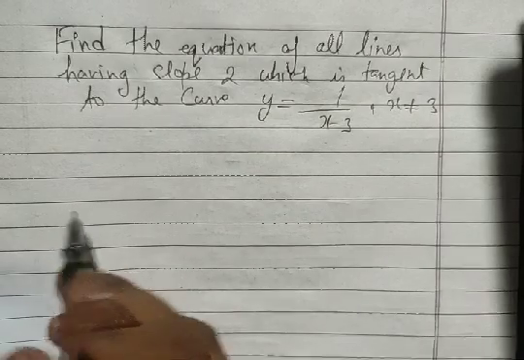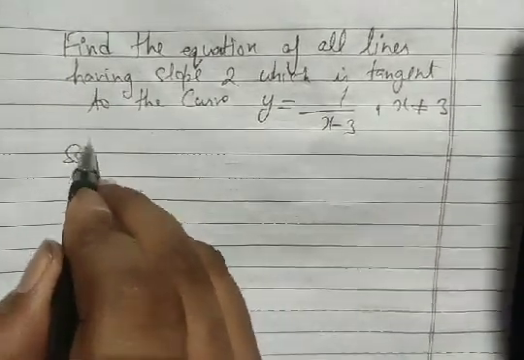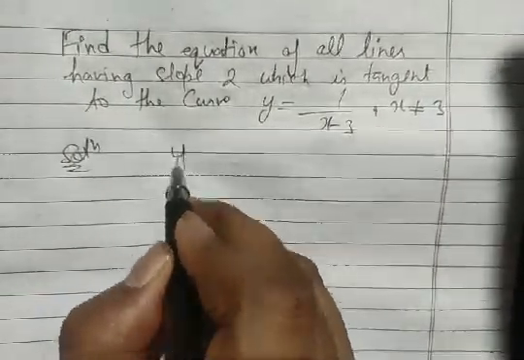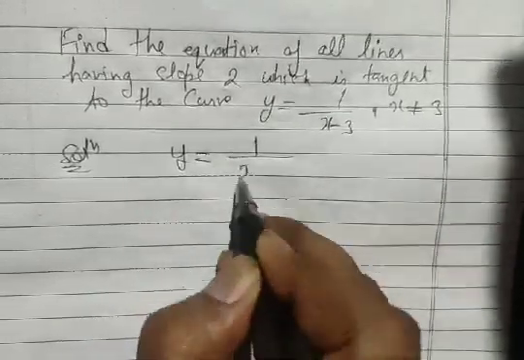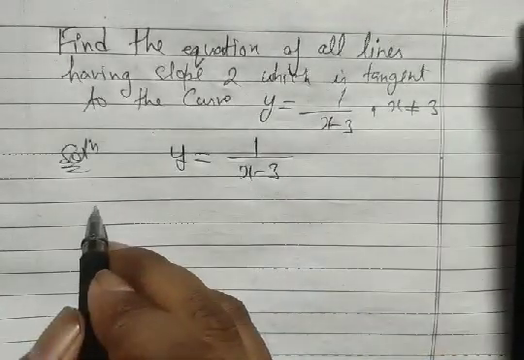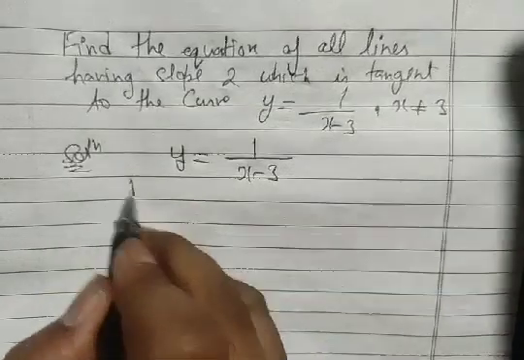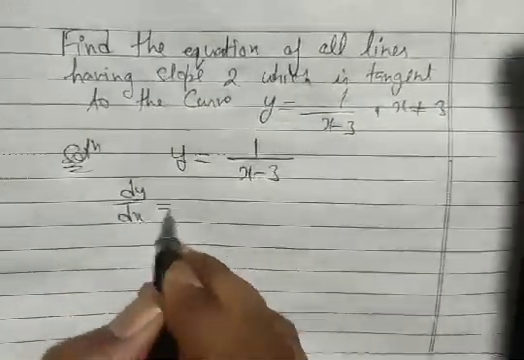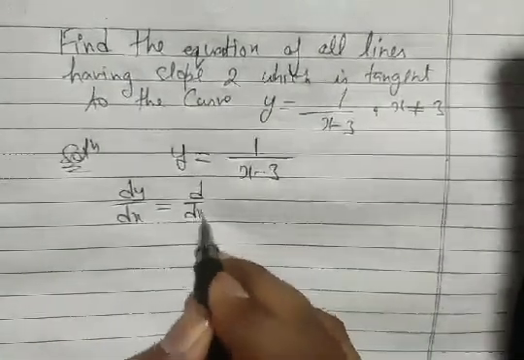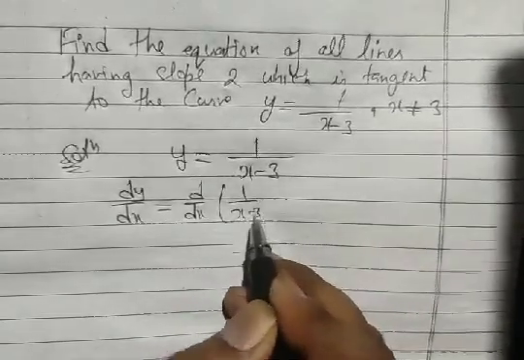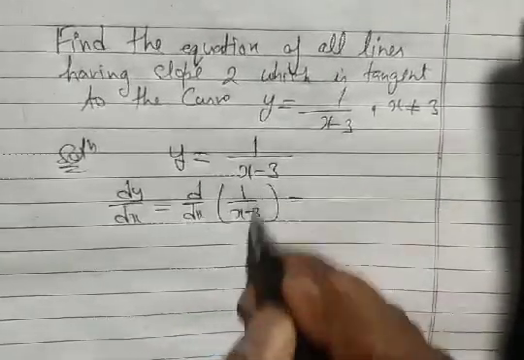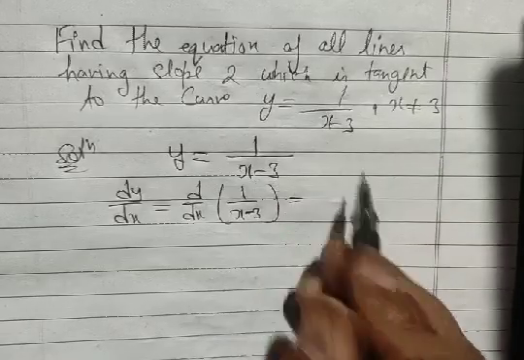Then what do we do? We start with our given curve, y equal to 1 upon (x minus 3). Our first step is to find dy/dx. We take d/dx of 1 upon (x minus 3), which is (x minus 3) to the power minus 1. Then what do we get?